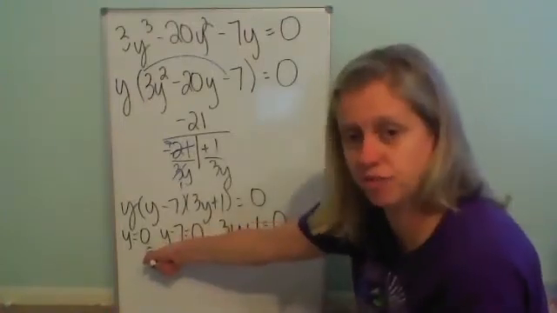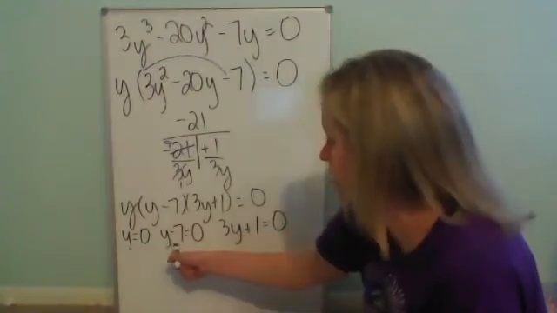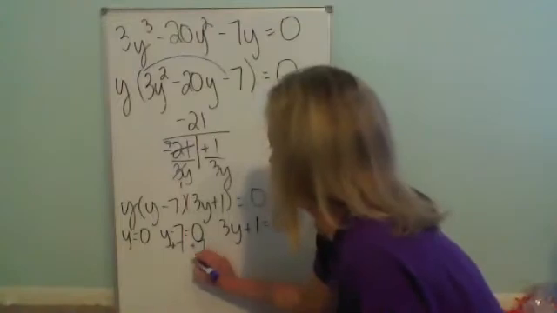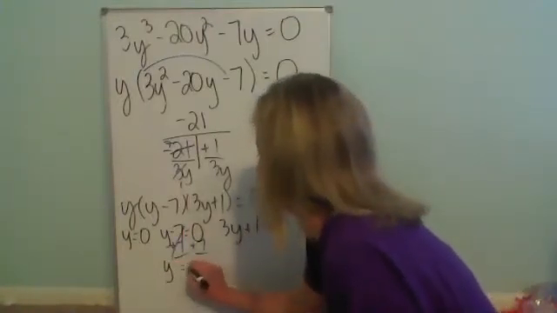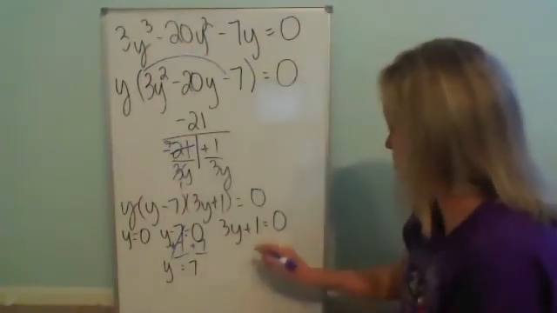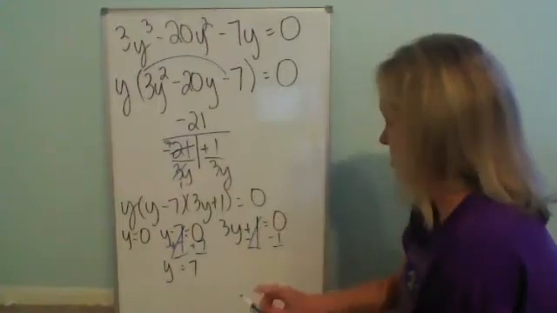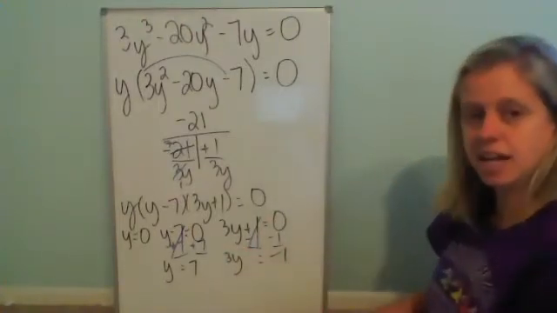This one's already solved for us. Y is already by itself. So one of your answers is 0. The second one, it looks like I need to get rid of the minus 7 with a plus 7. So y equals 7. And this one looks like I need to get rid of the plus 1 with a minus 1. So 3y equals -1.